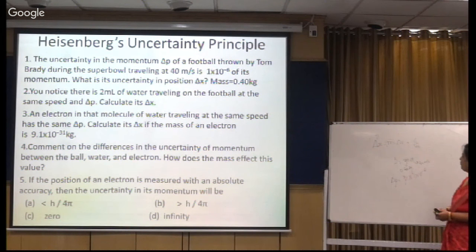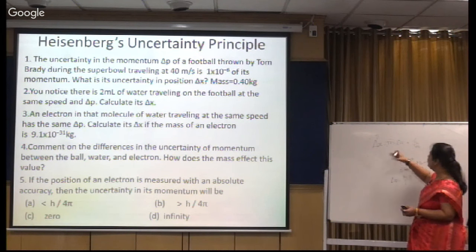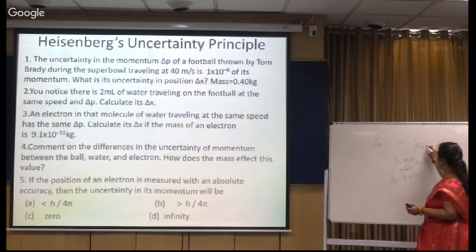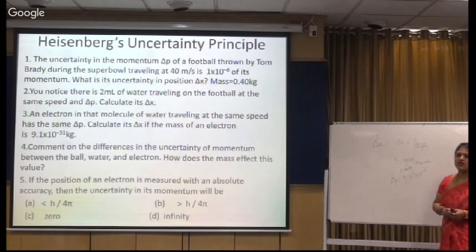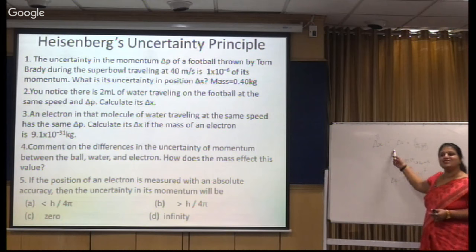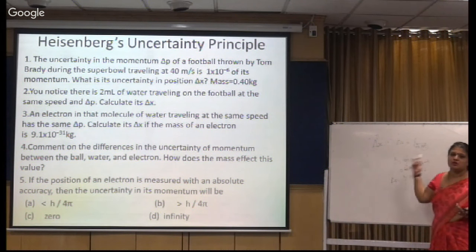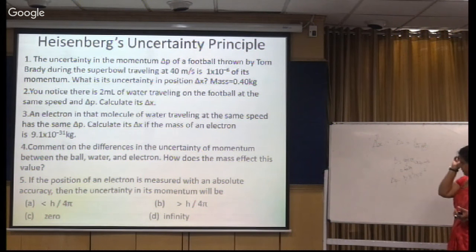If we want to remove mass from here, it will be in the denominator. So if the mass is very, very small, then the uncertainties will be high. If the mass is large, uncertainty will be small. Then question number 5.